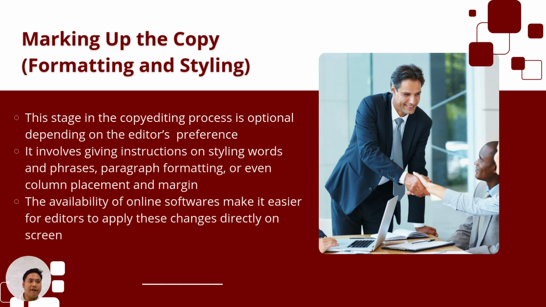The availability of online softwares makes it easier for editors to apply these changes directly on screen. So nowadays, online softwares, especially computers, allow editors to apply these changes directly on screen. So it makes the process faster and more accurate.